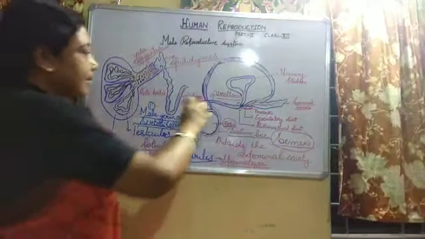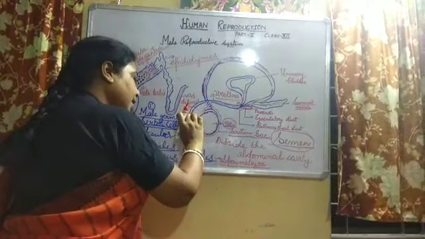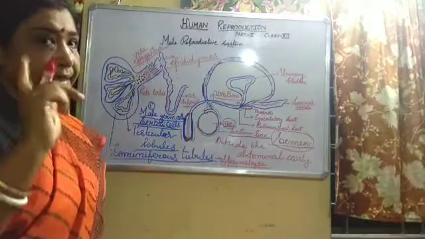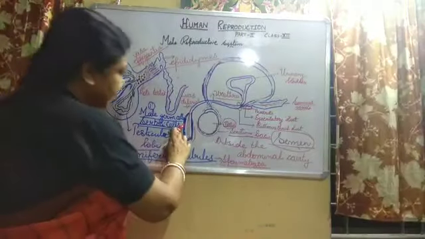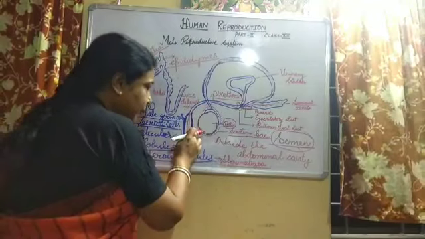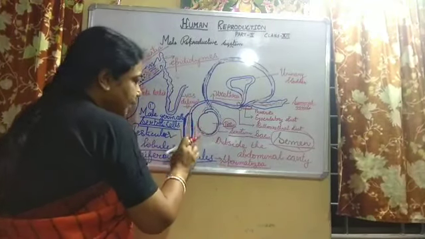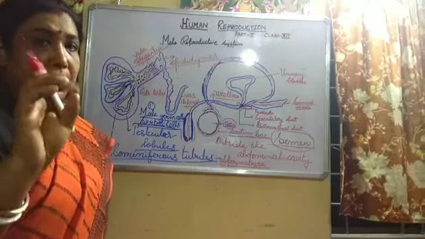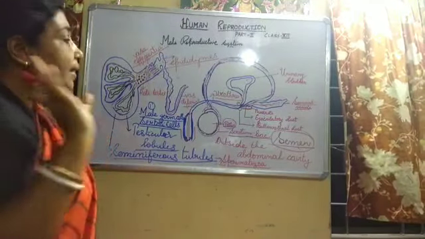So what is given out through the urethra? This is the penis, the external genitalia, and above it you have a foreskin present. The urethra is a common passage in male for the discharge of urine as well as sperm, that is semen.